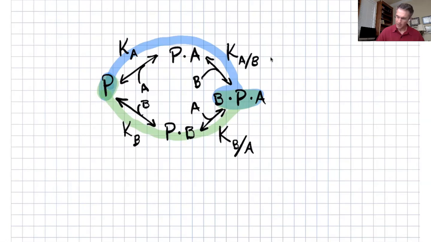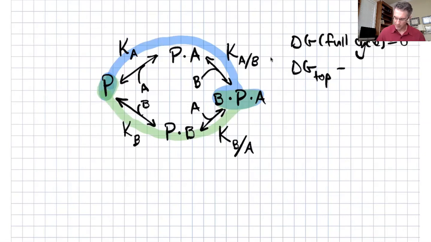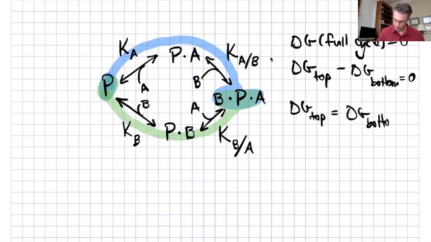Well, because we know delta G for the full cycle at equilibrium has to equal zero, that means delta G, let's call this delta G top, minus delta G bottom has to equal zero, which means delta G top has to equal delta G bottom, right?